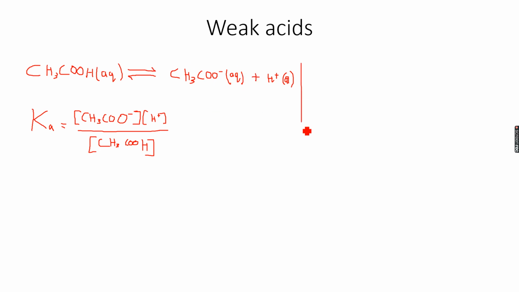I can also write this as, just so that you don't get confused, this equation can also be written another way. So there are two ways of writing the same equation. One is the one I've written on top.